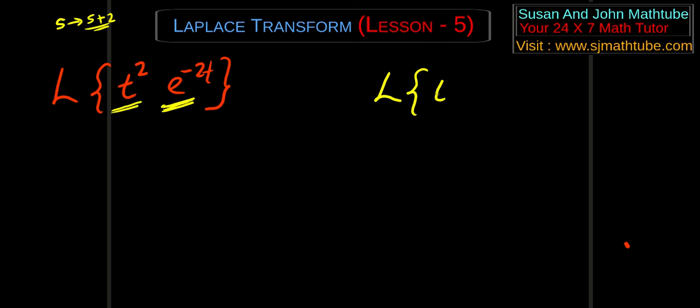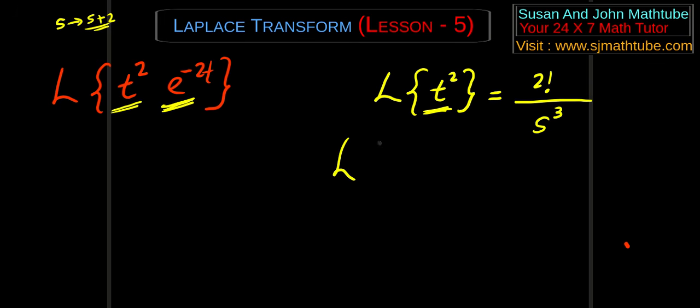So I am going to write Laplace of t square first. So I chose t square here. What is Laplace of t square? 2 factorial by s to the power 2 plus 1. So that means you know the Laplace of t square. Now look at this.